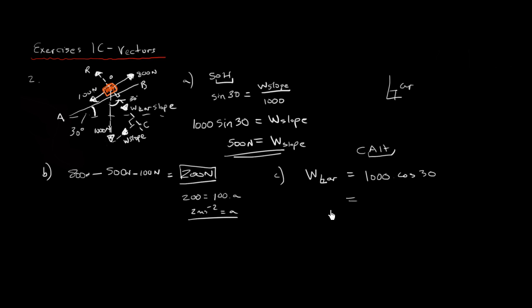And that comes out to be 866 newtons. Okay, and we check on the answer there, and it is 866, so we've done that one correctly. And we check the others, is 200, that's correct, and 500 for part A, that's fine.